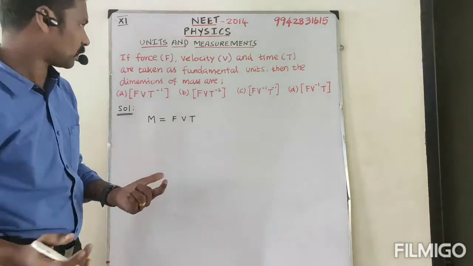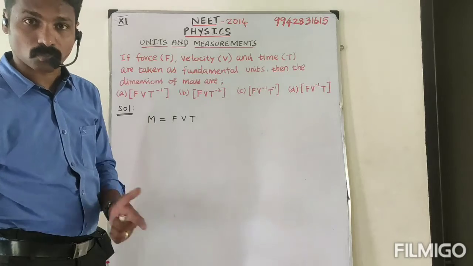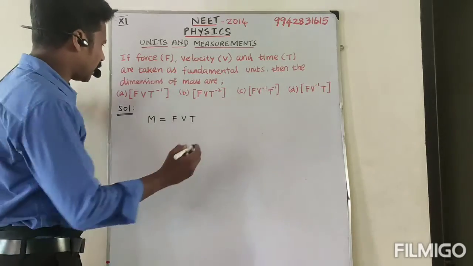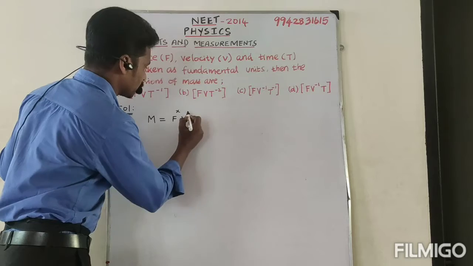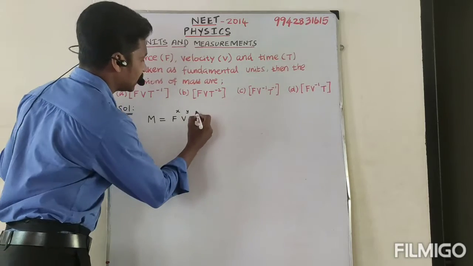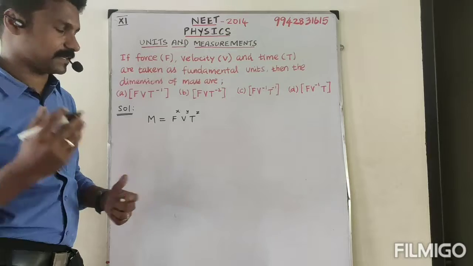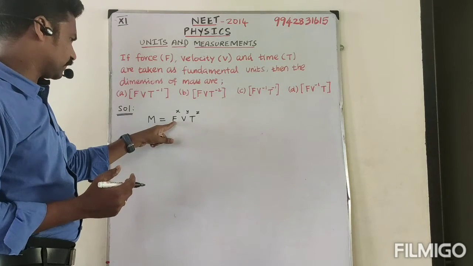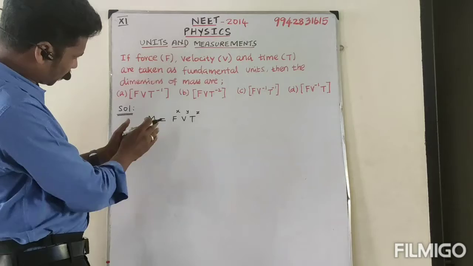We don't know what power will come. So I simply take F power x, V power y and T power z. Next, I have to operate one by one.